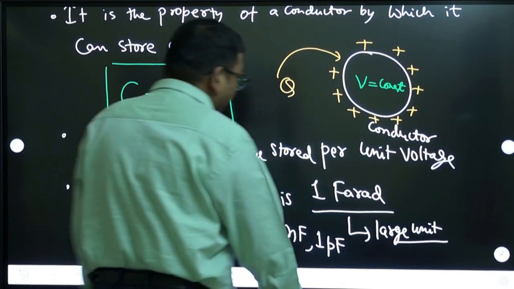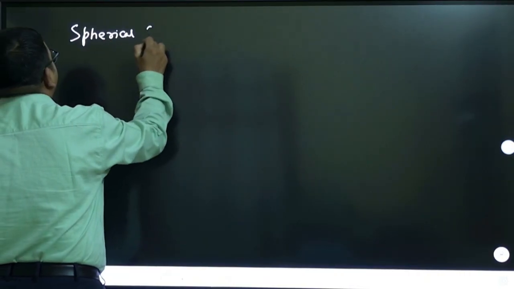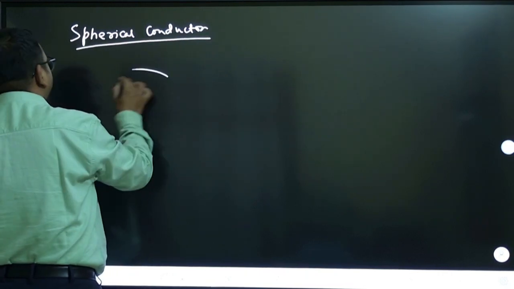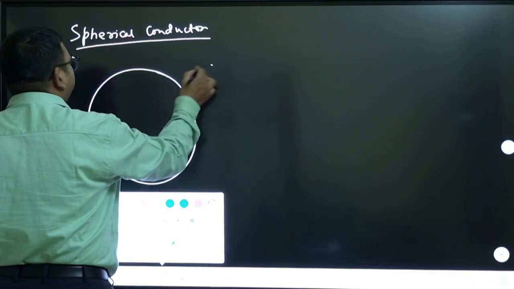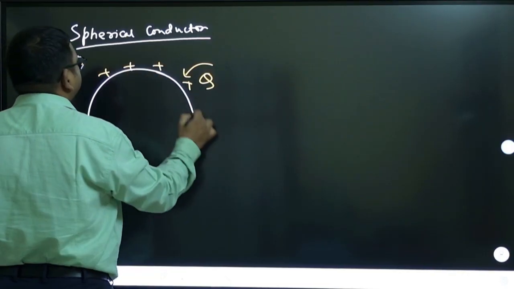Okay. So let us now understand further how to calculate capacitance. Let us take a sphere, a spherical conductor. Suppose this is a spherical conductor and you give some charge, so it will develop some potential.